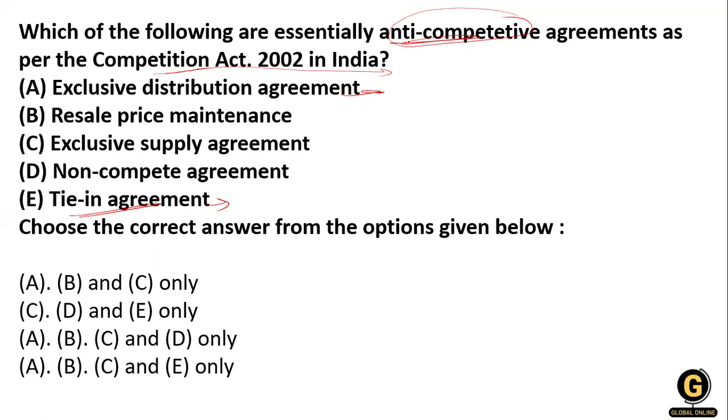Or exclusive supply, this is the same. If they are supplying only to one person and have signed an agreement like this, it is also anti-competition. Clear? Or resale price maintenance. In resale price maintenance, the goods are sold with a condition on resale at a stipulated price.